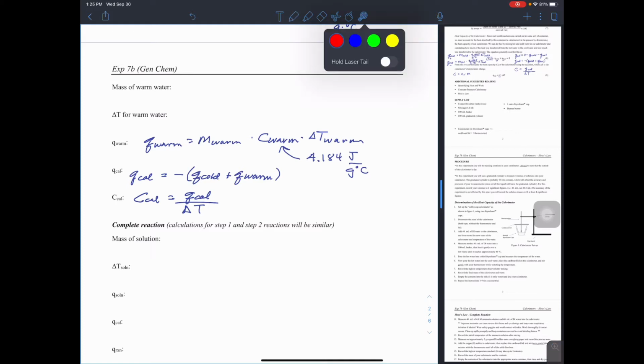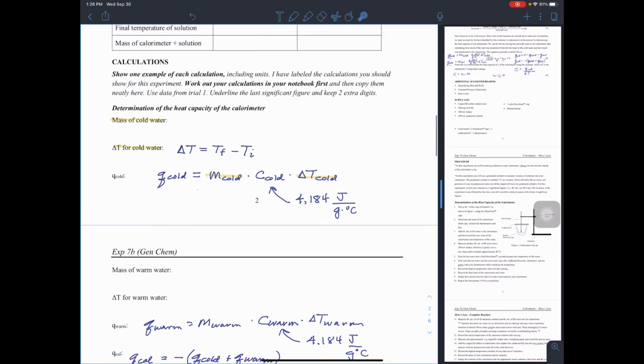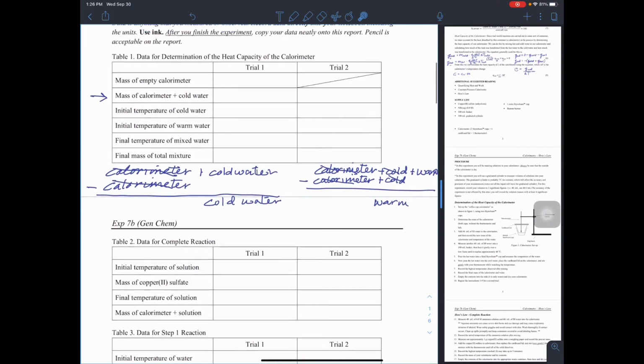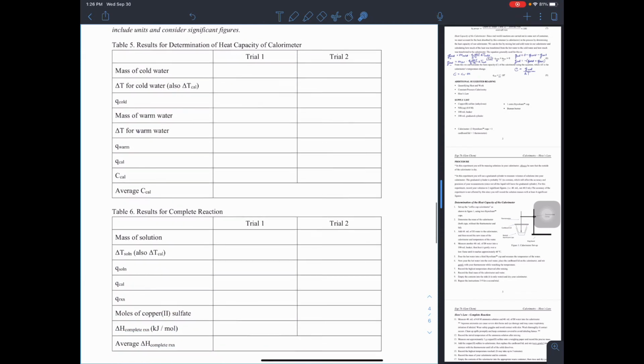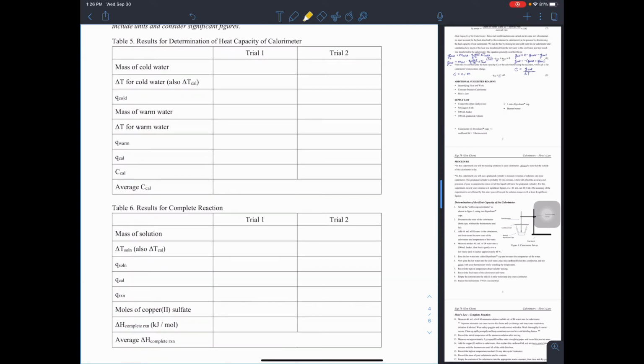Qcal is what we just calculated here. Delta T, this is the change in temperature for the calorimeter. Also delta Tcal. So it's that same temperature change that we calculated for the cold water.